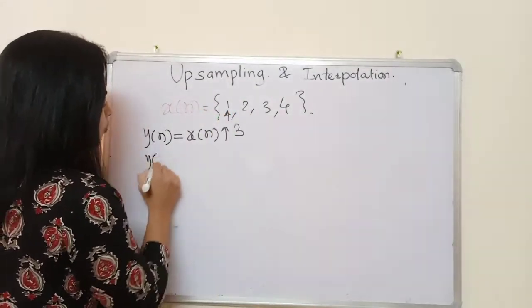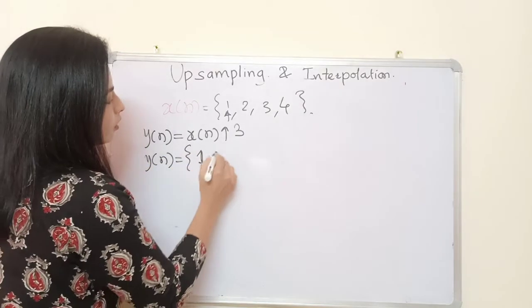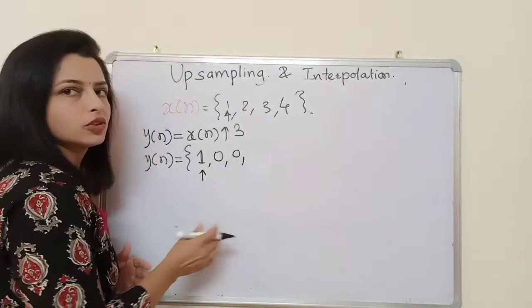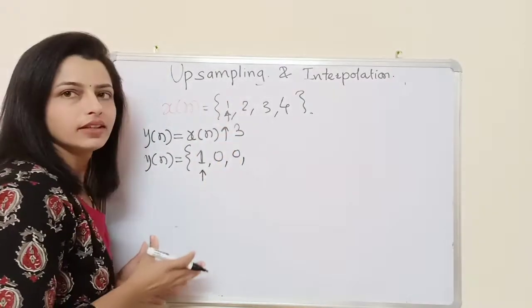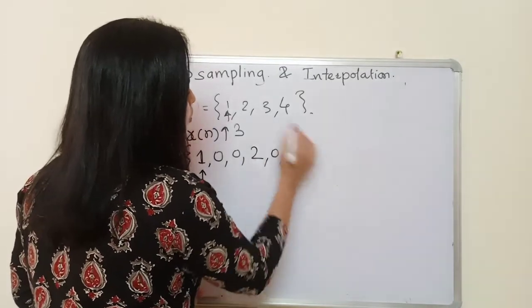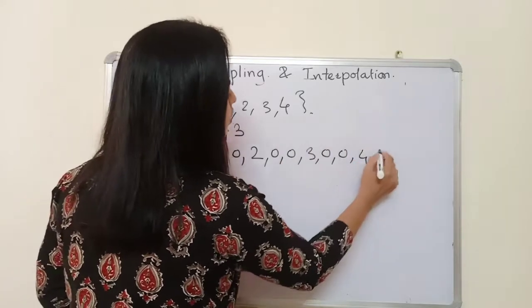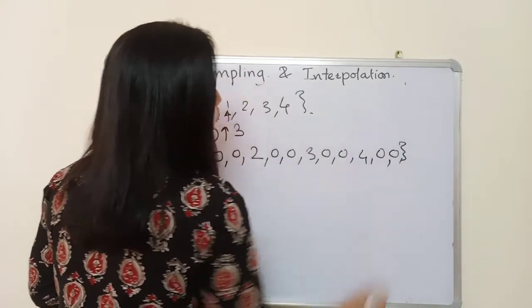So y of n, I will draw this. I'll take the first sample, then add 2 zeros. So for this single sample, I'm taking 3 samples. Then 2, then 2 zeros, then 3, then 2 zeros, then 4, then 2 zeros.